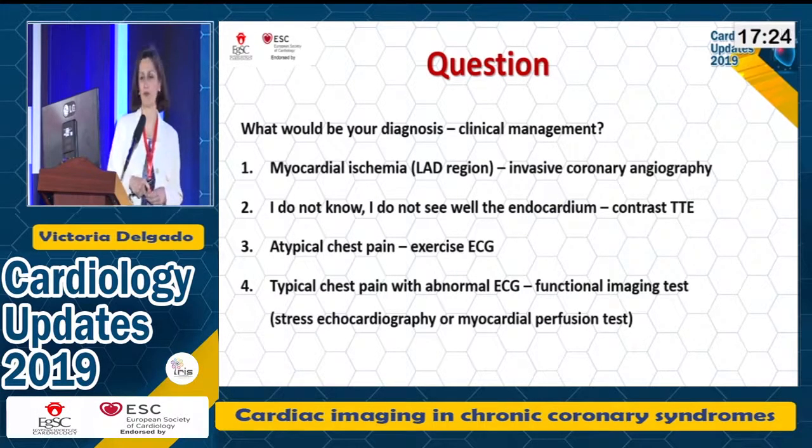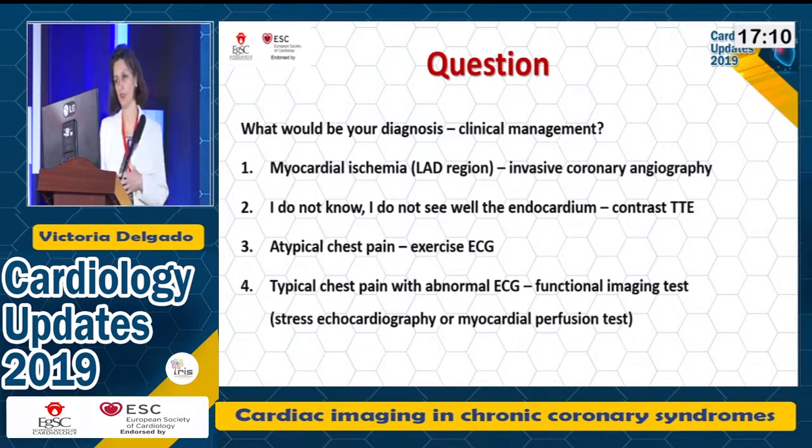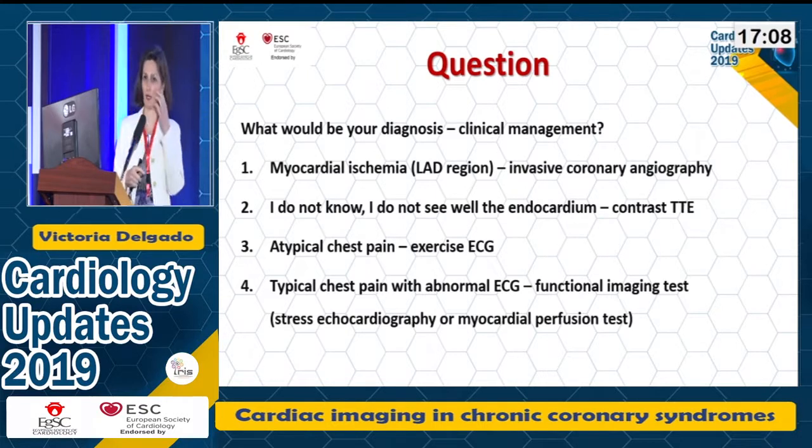Who votes for the first one? This is a myocardial ischemia in the LAD region, and I will refer the patient for invasive coronary angiography. Anyone for this one? Okay. The second one: I do not see well the endocardium with the echo, and I would recommend a contrast transthoracic echocardiography. Who goes for this one?